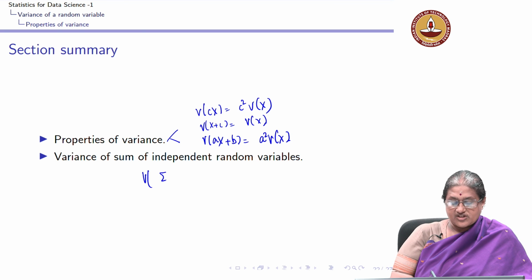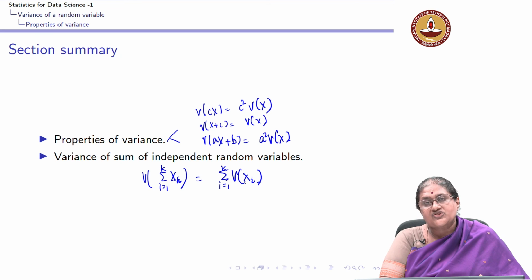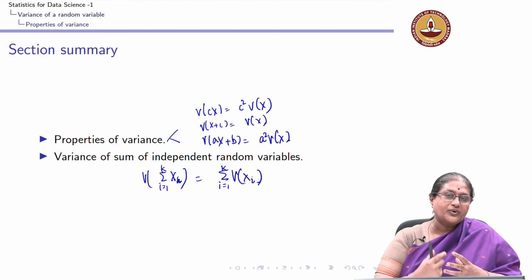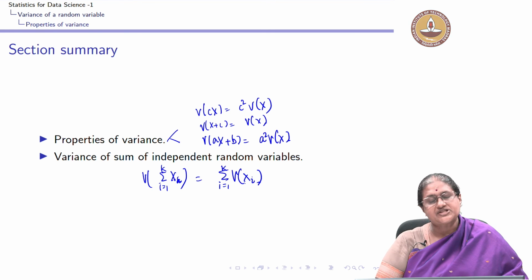And the variance of the summation i going from 1 to k of xi, where x1, ..., xk are independent random variables, is the sum of the variances. So, these are the two important properties we have seen, and we computed the earlier distributions applying these properties.